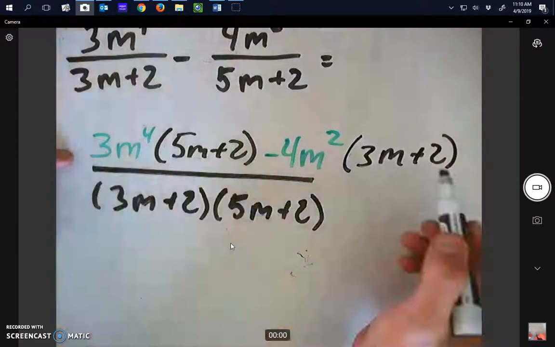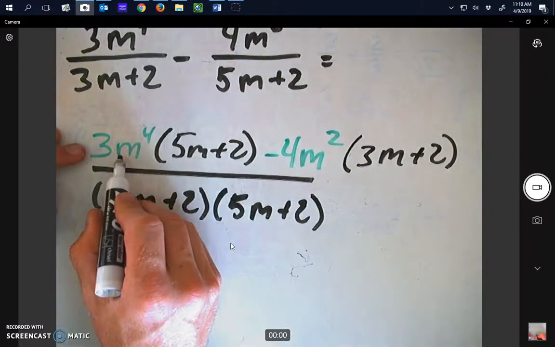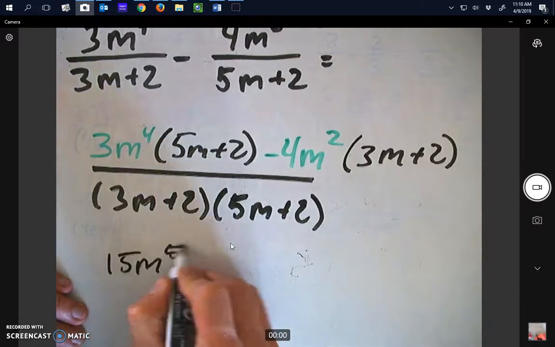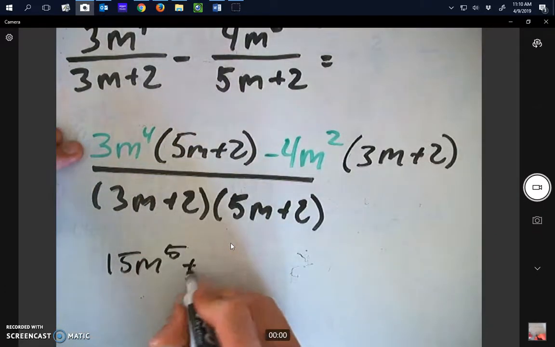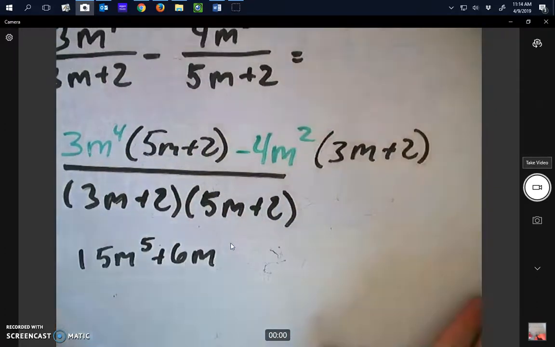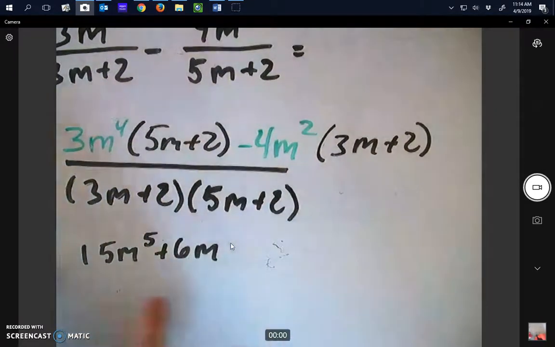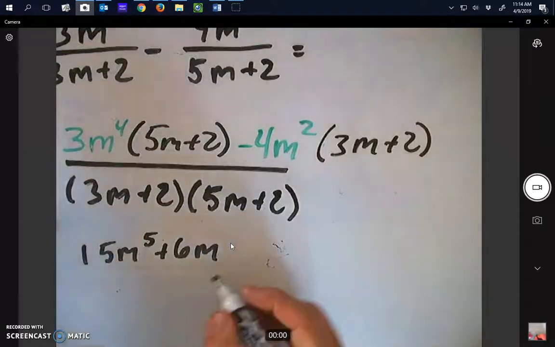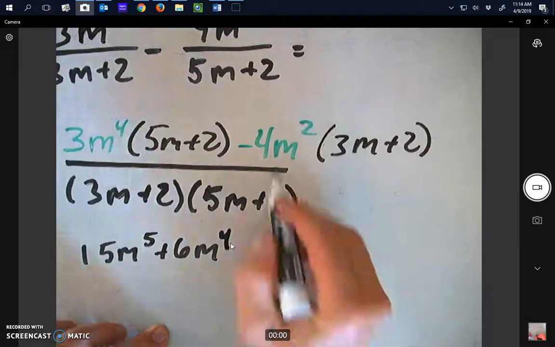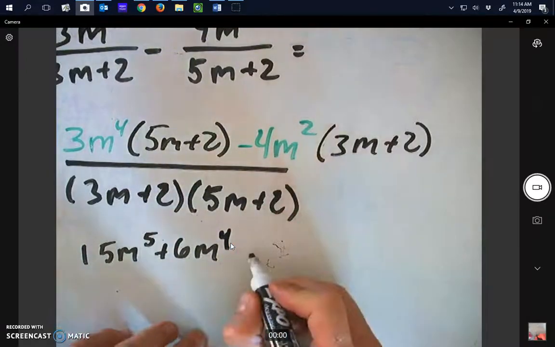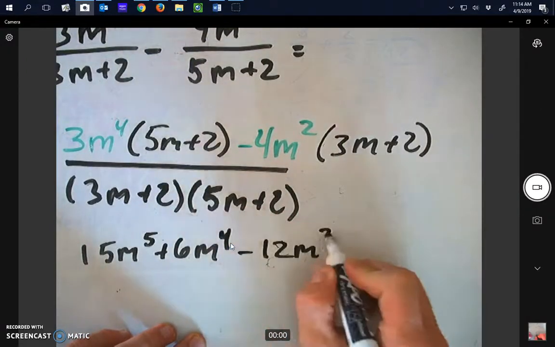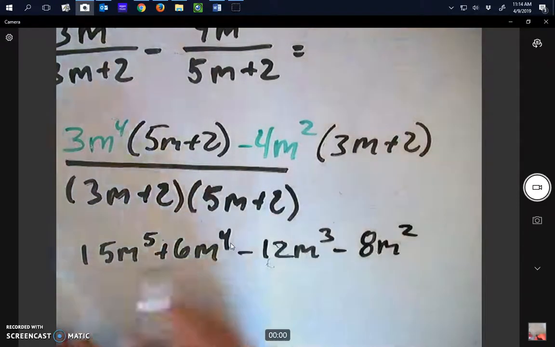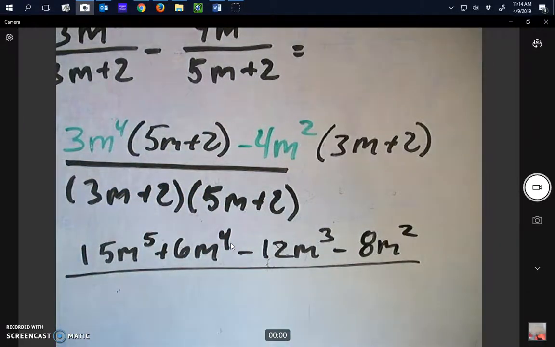So 3m, well, I'm going to have to simplify actually. 3m to the 4 times 5m is 15m to the 5 plus 6m. Okay, so I made a mistake. I had to start over a little bit, so I go backwards. So we were at 3m to the 4 times 2 gives us 6m to the 4. And then I come over here, negative 4m squared times 3m is negative 12m cubed. And then we get negative 8m squared all over that denominator.